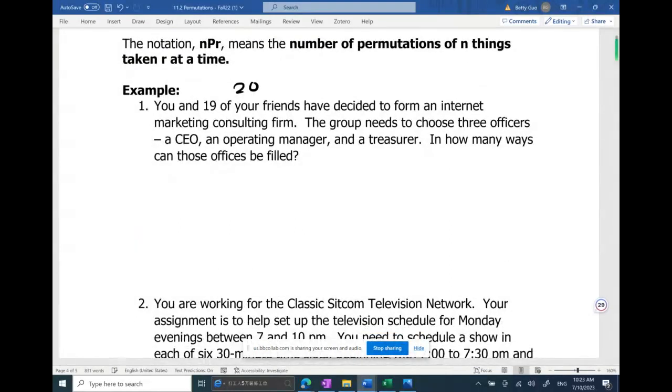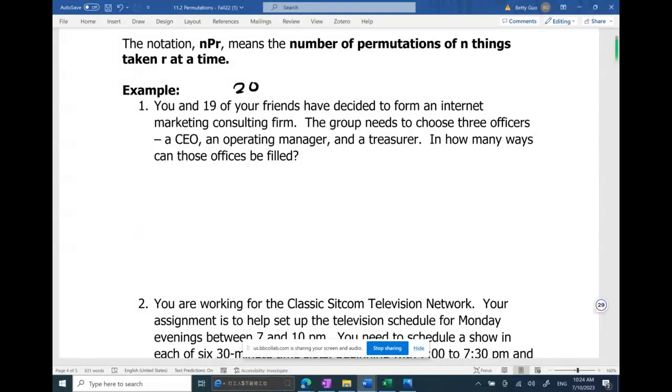Have decided to form an internet marketing consulting firm. The group needs to choose 3 officers, a CEO, an operating manager, and a treasurer. In how many ways can those offices be filled?